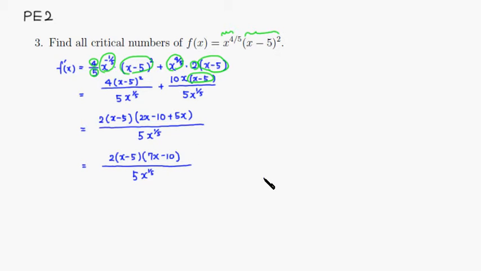Now let's set this equal to 0 so that we can find a critical number. To make this equal to 0, we just have to make the numerator equal to 0. You can see here that x equals 5 is one of them.